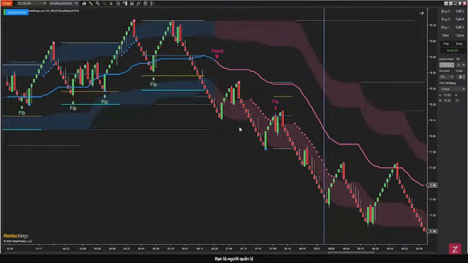So I did not change any settings. These are out-of-the-box default settings, which means that you can actually have better results if you take the time and customize the settings depending on the market you like to trade.